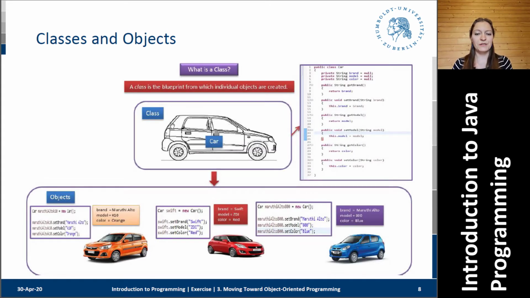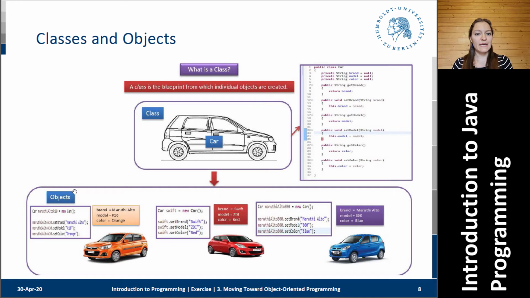Let us come to another example. Here we have the car, and this is a class. In this class, you see this already known structure. So you have, for example, brand, model, and color as data or attributes for this car, for this template, blueprint. And then you also define some specific methods that can be used by this car.